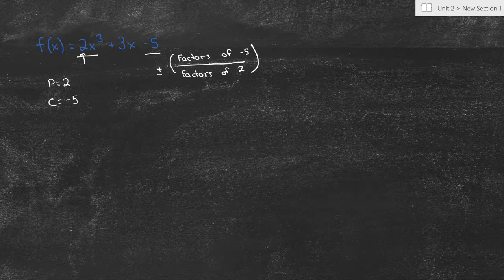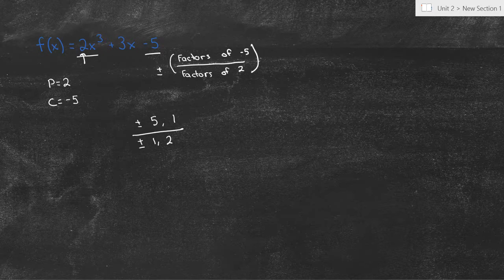And now I'm just going to draw my big fraction line and write down all the factors of negative 5 and all the factors of p. So I've got plus and minus 5 and 1, those are the only numbers that go into 5. Then we've got plus and minus 1 and 2 for 2. So what this means is that all the rational roots that could be are listed right here.